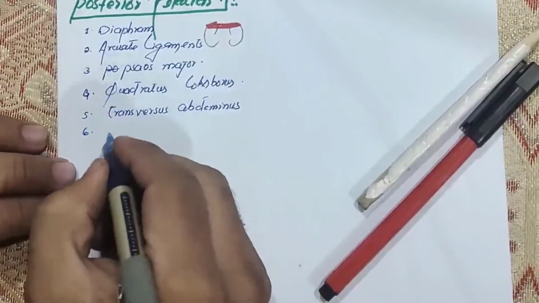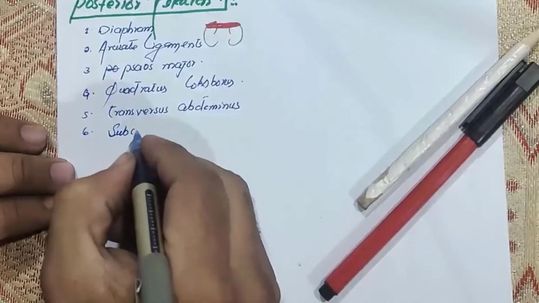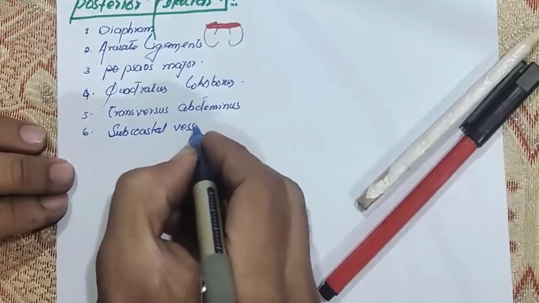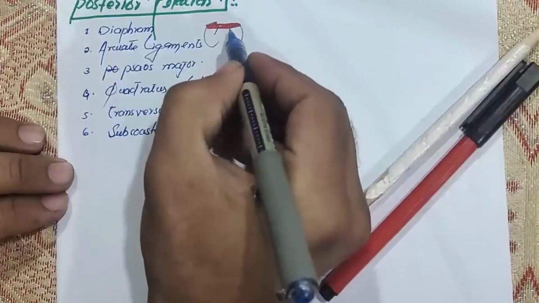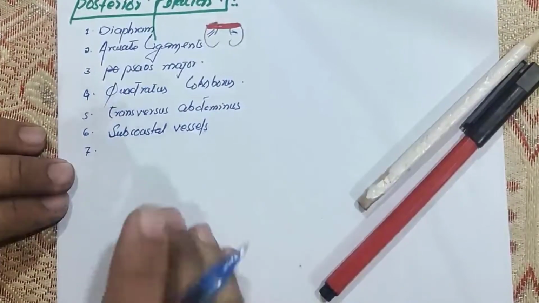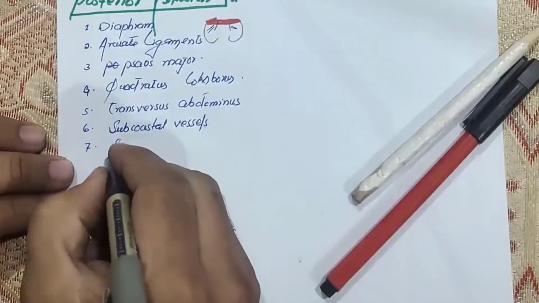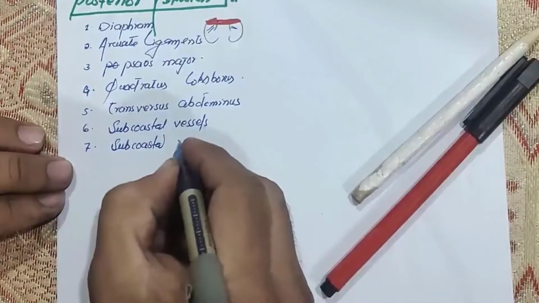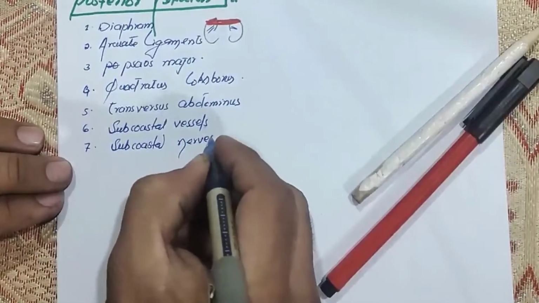Then there are the subcostal vessels, I will show you now. Subcostal vessels are present on both sides, right? On this side and on this side also. Then the seventh important structure, there are the subcostal nerves. Subcostal nerves are there, right?